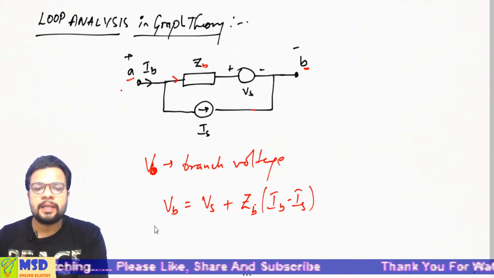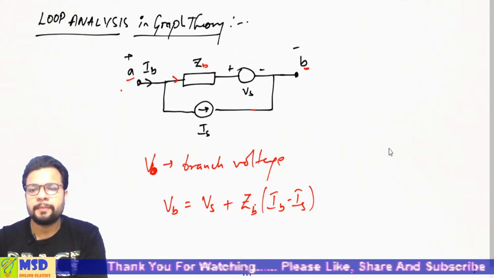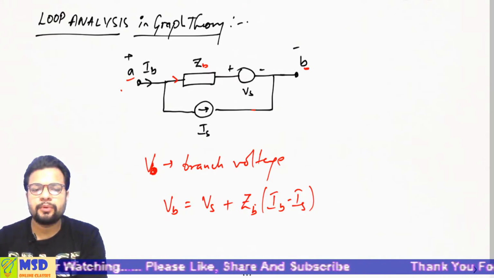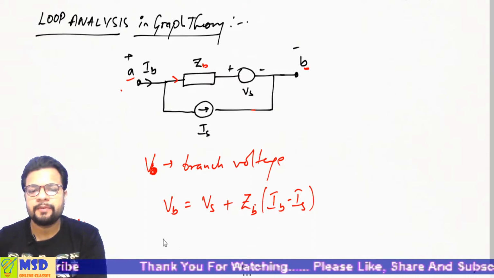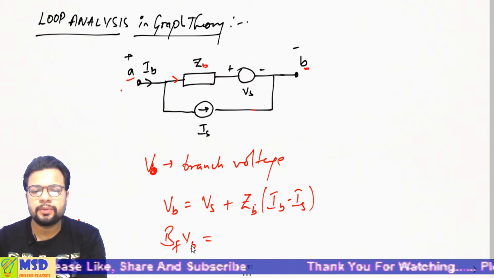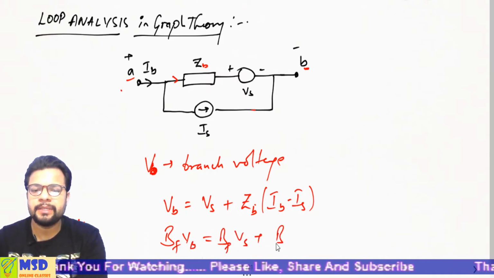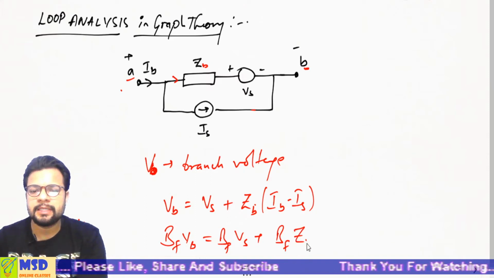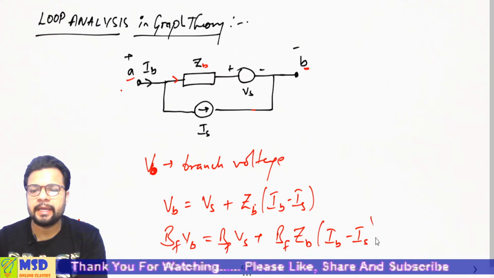Now let me multiply both sides with BF. So multiplying both sides with BF, I'll get BF into VB is equals to BF into Vs plus BF into ZB (IB minus Is).